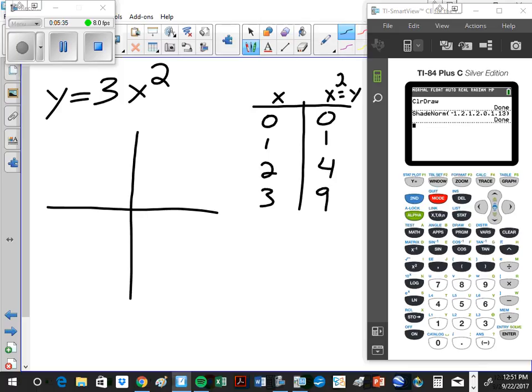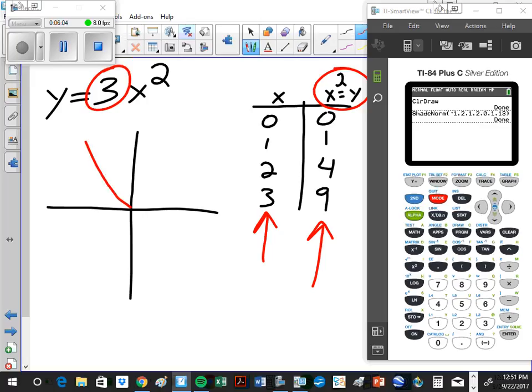Is that 3 going to change this column or that column? Does it happen before the squared or after the squared? After the squared, which means it's going to affect this column, which means it's going to affect the graph along the y-axis. So what happens when I multiply all of the y's by 3?